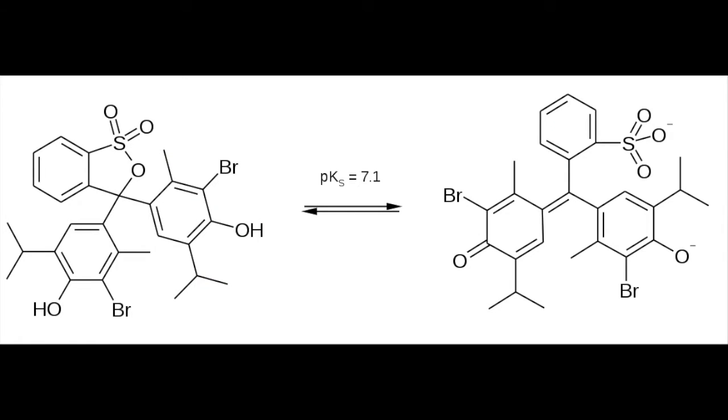BTB here can donate its H plus ions, hence the meaning of protonated, to water, which forms a conjugate base of BTB in an aqueous solution. The picture here shows this reaction in skeletal form. Notice that BTB is charged negatively on the right because it lost its H plus ions, thus is the conjugate base to the acidic BTB on the left.